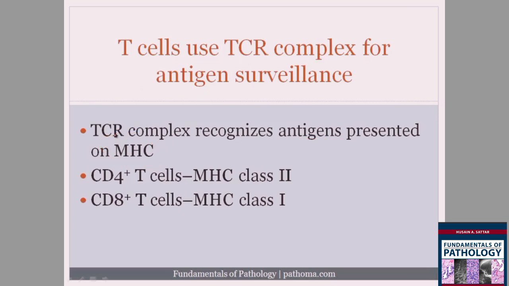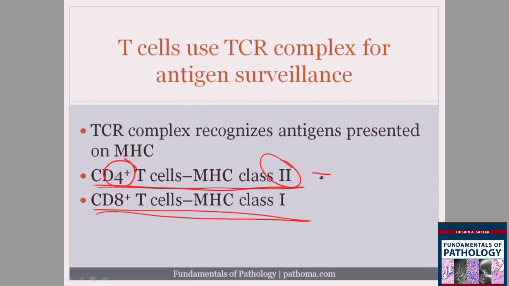In particular, you need to be aware of, and I'm hopeful at this point you are aware of, that CD4 positive T cells recognize MHC class 2, and CD8 positive T cells recognize antigen presented on MHC class 1. There's a famous mnemonic where CD4 and MHC class 2, so 2 times 4 is 8. And CD8 and MHC class 1, so 8 times 1 is also 8. So you always want to get to the number 8.